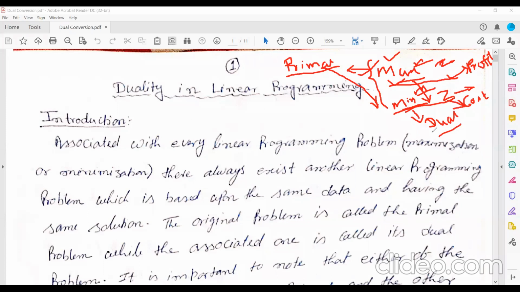And if your original problem is minimization, then its dual will be maximization. So this is the basic concept of duality of a linear programming problem.